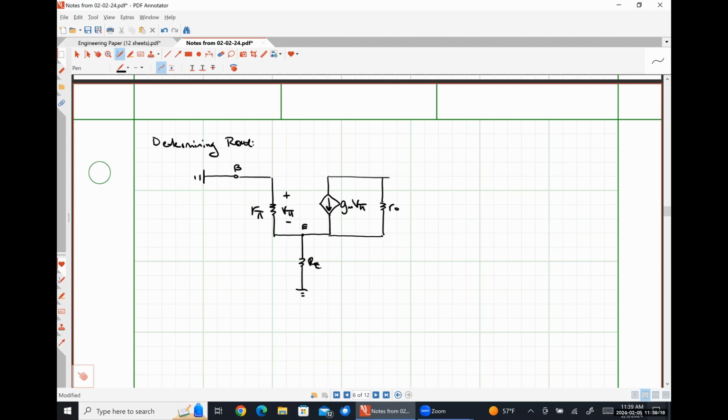Here's RE. Here's RC. And then over here to the right, I'm applying my test source.